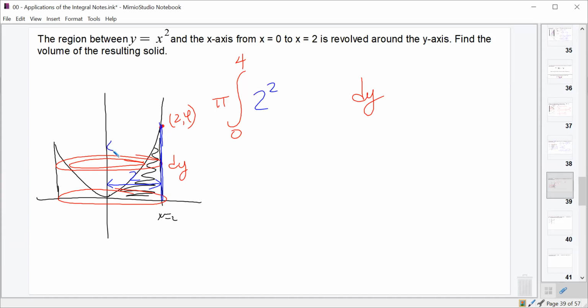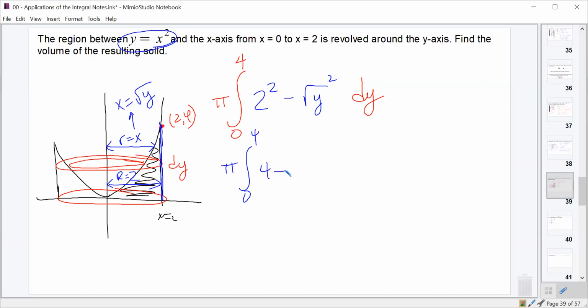And then our inner radius just extends from the y-axis to our function, which is some distance x related to the equation y equals x squared. So x is equal to, just like the last one, root y. So this is 2 squared minus root y squared dy, or pi times the integral from 0 to 4 of 4 minus y dy, which we should be able to easily integrate to get pi times 4y minus y squared over 2.